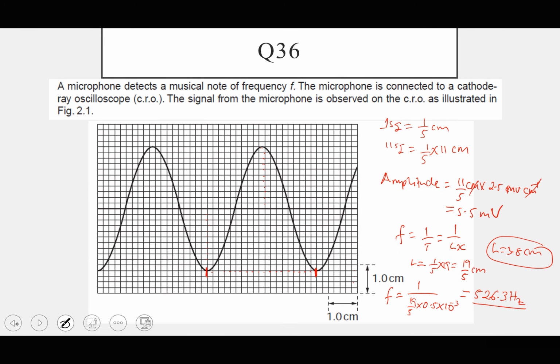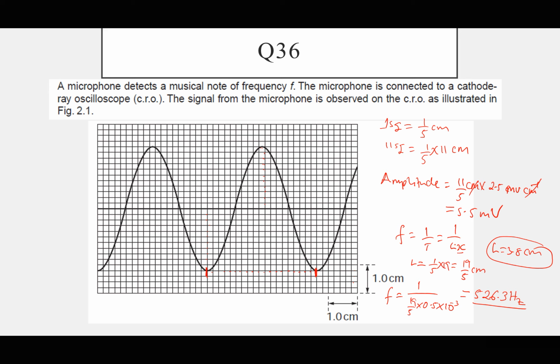Since we are finding the actual uncertainty in F, and we found F from L, and the time-based setting is a constant, it is only L which is affecting the uncertainty.